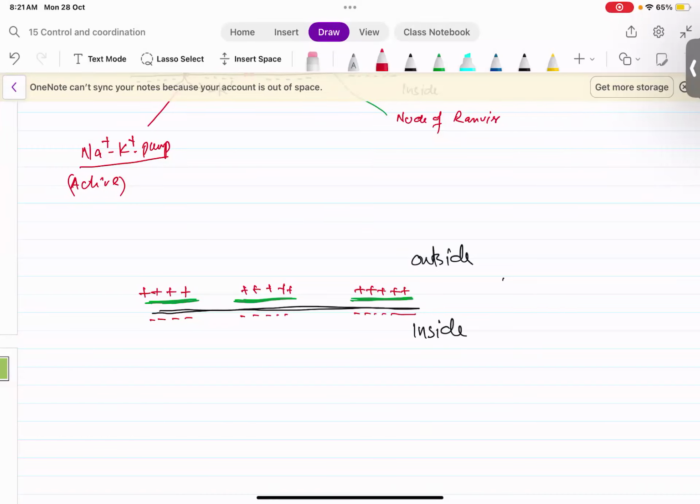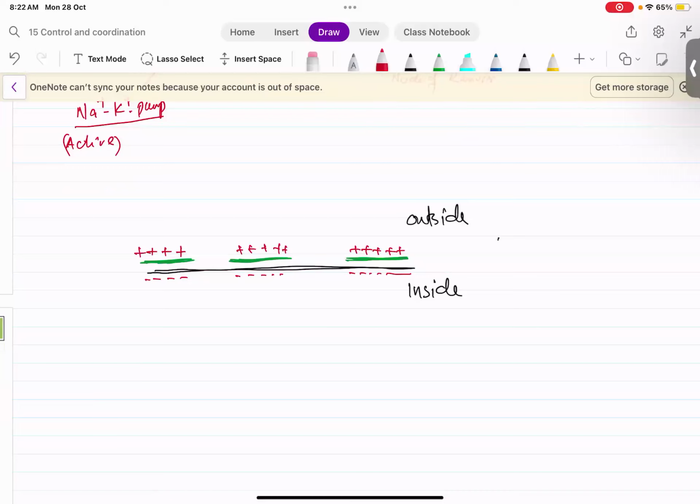If we apply an electric current here, we do an experiment to see how the potential difference between inside and outside of this nerve cell would change.